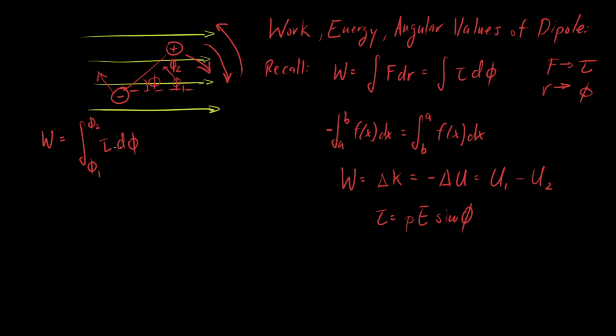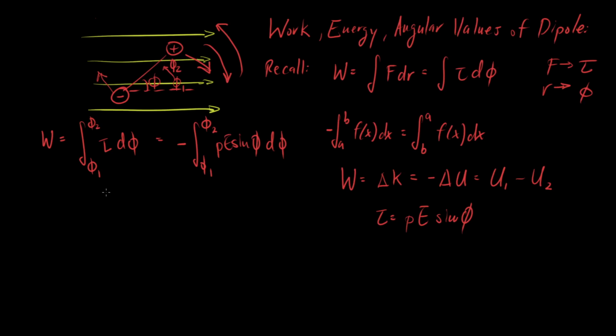So we need to use the calculus formula that I just wrote out. We put a negative sign because the work done by the E field is opposite to the angles that we are writing down. So theta 1 to theta 2, negative the value of torque, which is PE sine phi d phi.